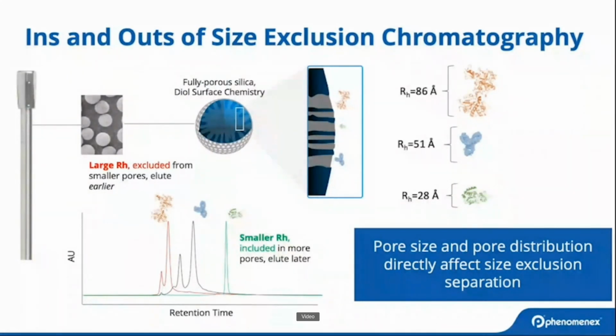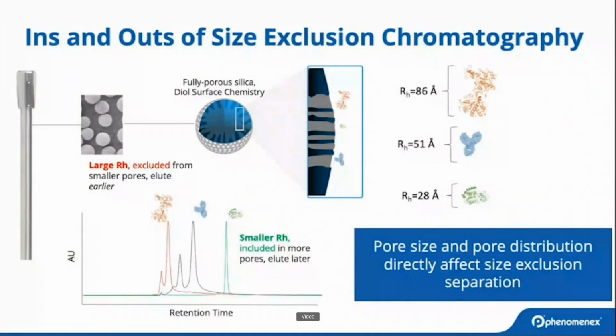Now, there is a strong correlation between molecular weight and hydrodynamic radius, but because proteins have tertiary and quaternary structure, and these can vary depending on the type of protein, the behaviour by size exclusion isn't fully representative of the molecular weight. To briefly review the mechanism of size exclusion, analytes are either included or excluded from the pores, and this determines their elution order.